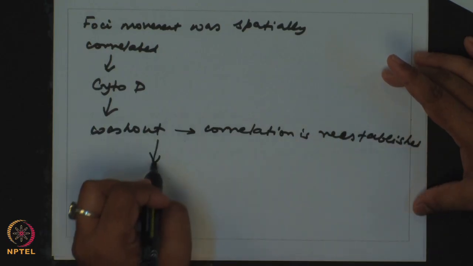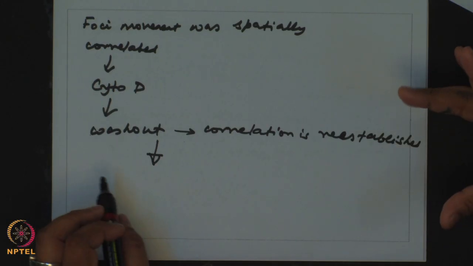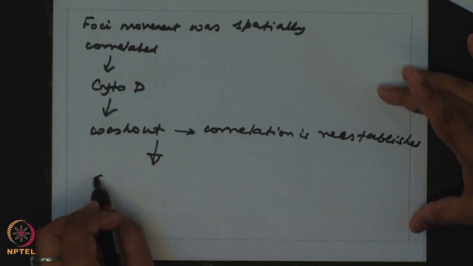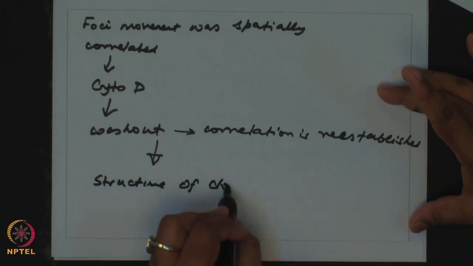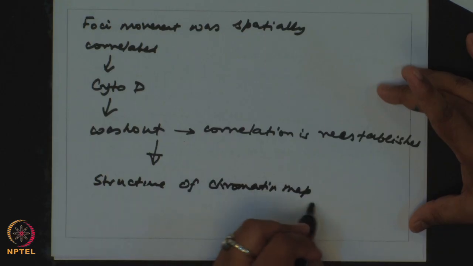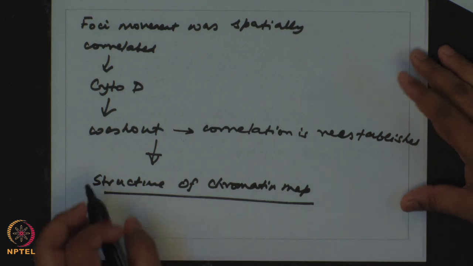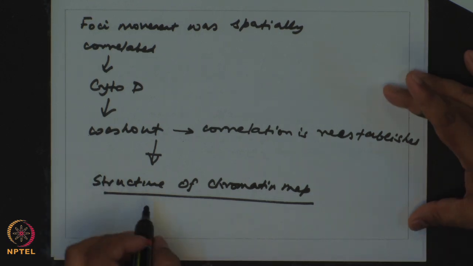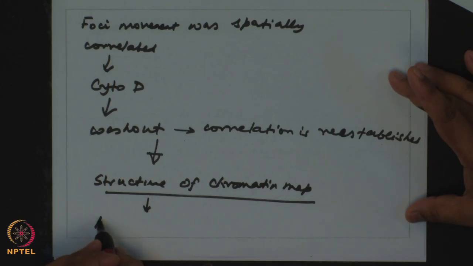So, what all these experiments suggest is there is an imprint. So, there is a structure of the chromatin map. And what they find is that this structure is controlled by multiple forces like contractility.